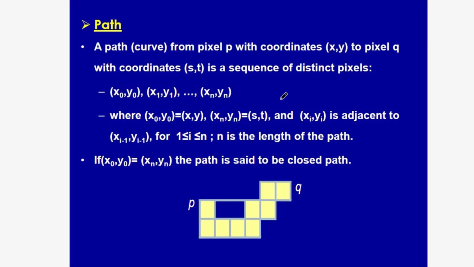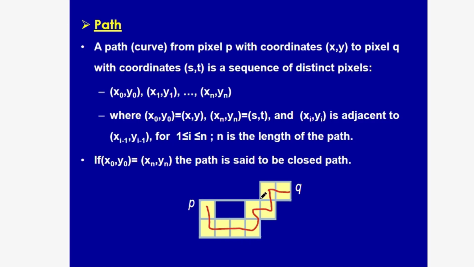Then we'll define a path or curve. A path or curve from pixel P with coordinates (x, y) to pixel Q with the coordinates (s, t) is a sequence of distinct pixels. It's just a sequence. See this? This is all the sequence.